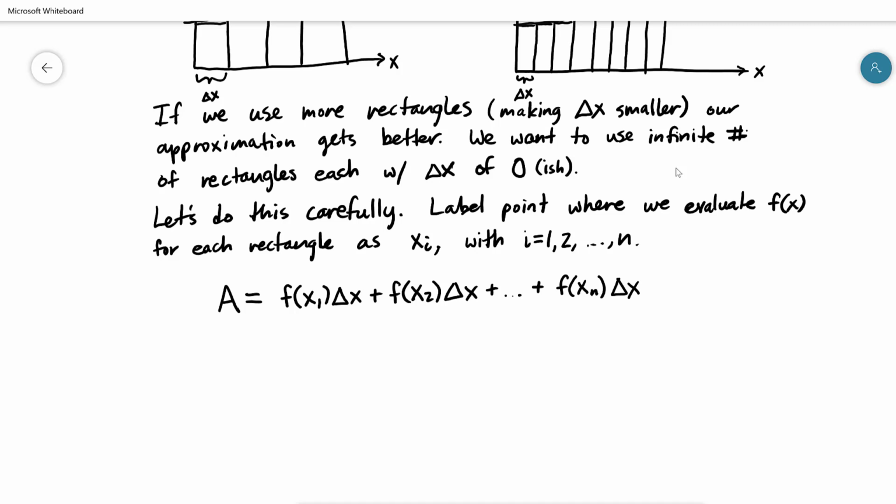And again, because we're using n total rectangles, in this case, that delta x would be equal to b minus a, where again, b and a represent the 2 endpoints of the region that we're trying to compute the area. And we're just dividing that up into n equal pieces.